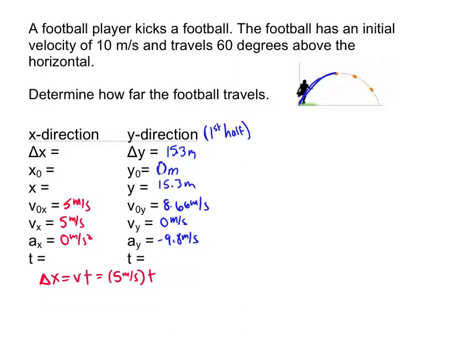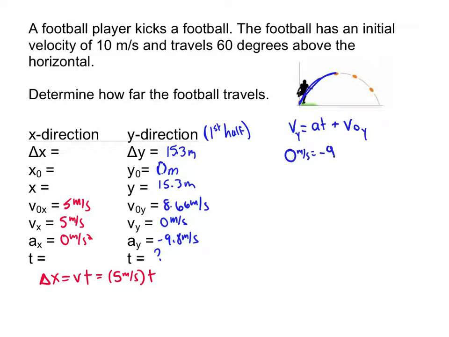This time I want the time. And since I have all of our variables filled out pretty much in the y direction, any of our equations will do. What I'm going to do is use just the acceleration equation, the first one that we got in Unit 3, and it's going to be the y version of that. I know at the top it's at 0 meters per second.